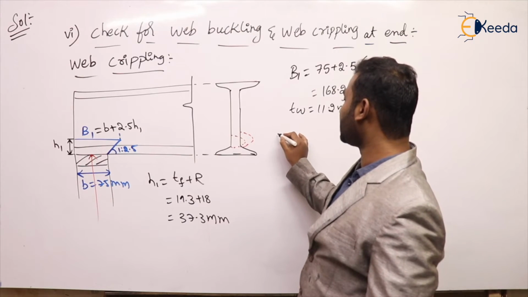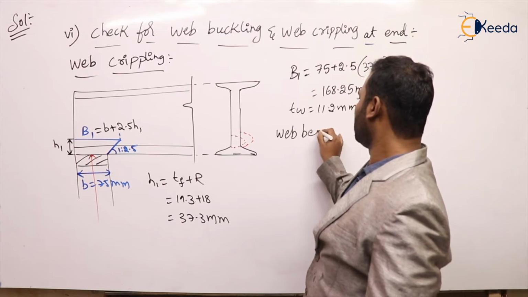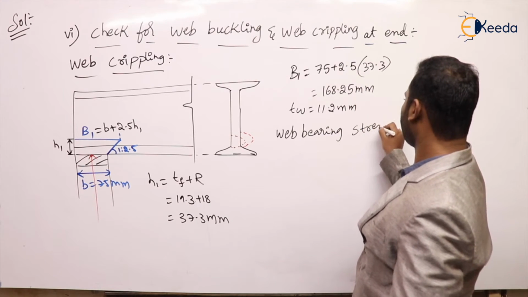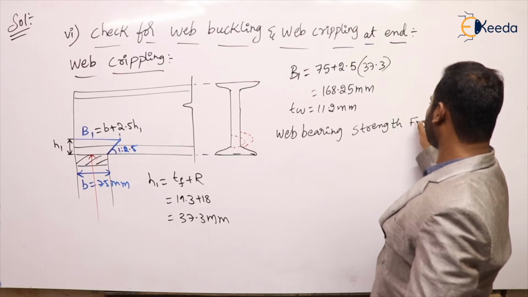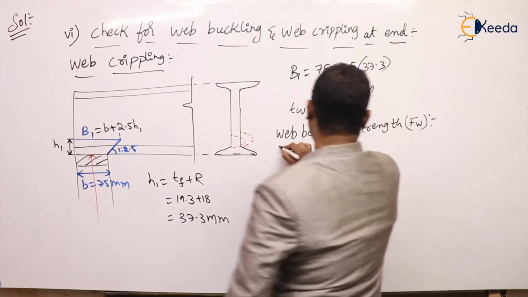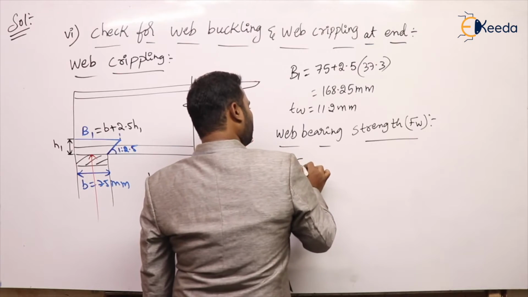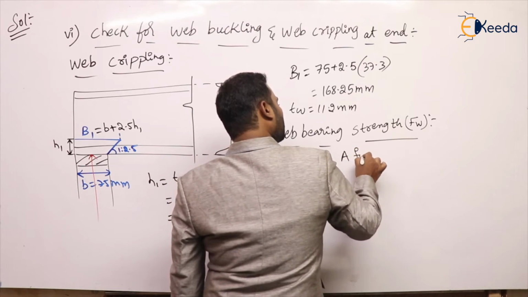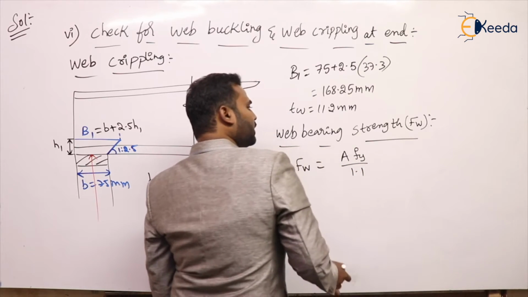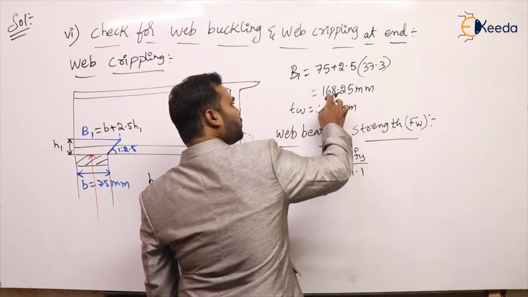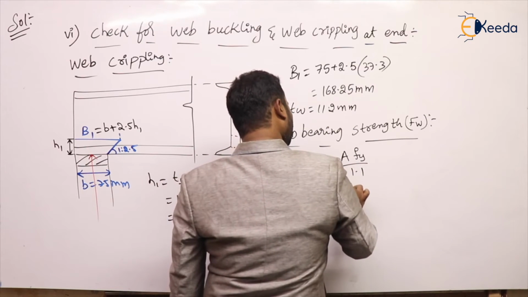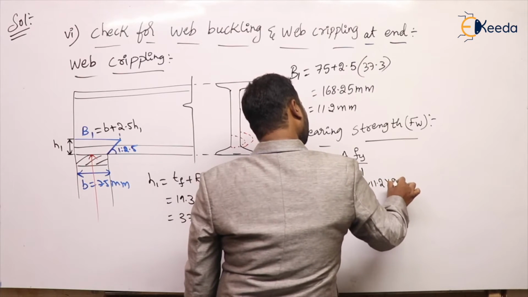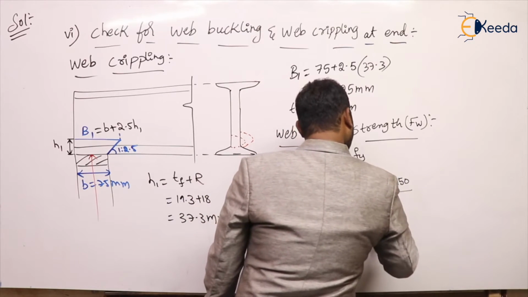Now for web crippling strength, or web bearing strength, we have a very simple formula. Web bearing strength, represented with FW, is nothing but area into Fy by 1.1. Area is 168.25 into 11.2, so 168.25 into 11.2 into 250 divided by 1.1.